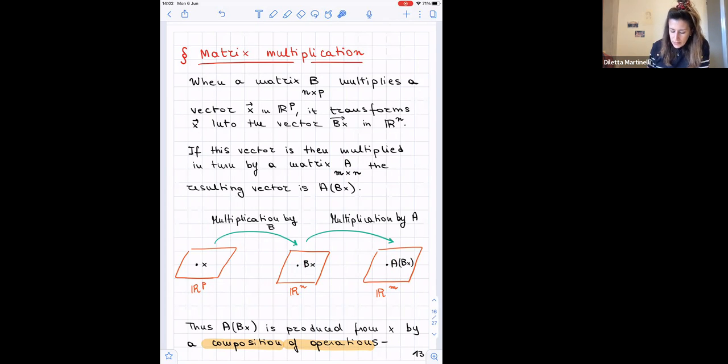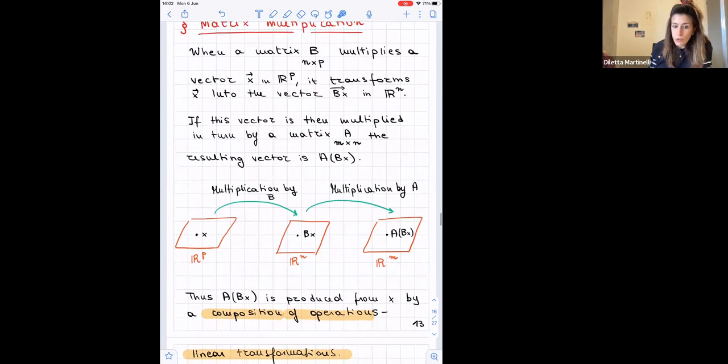So the vector that we obtain, after we multiply the matrix A by the vector Bx, is produced by a composition of operations. First we multiply by B, and then we multiply by A.